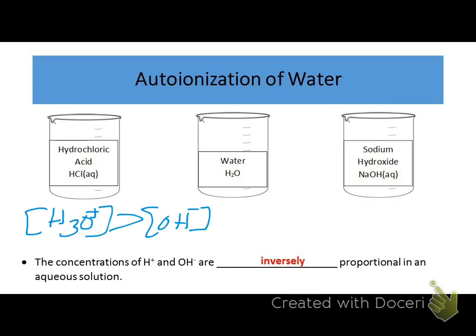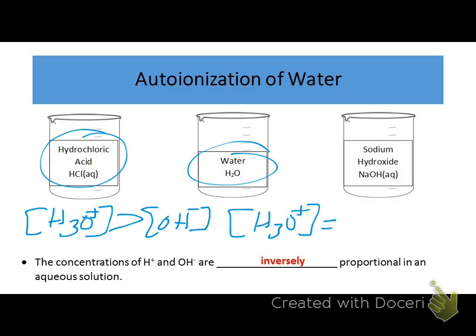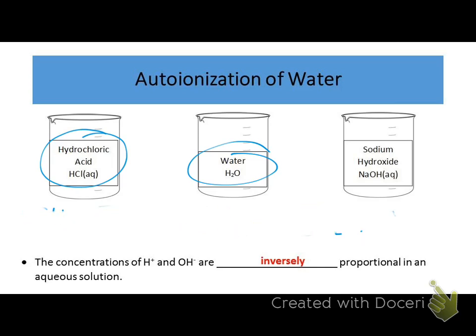When we think of this, the hydronium concentration, since it's a strong acid, should be much higher than the hydroxide ion concentration with water reacting with itself. All right. And in the plain water, the hydronium ion concentration should equal the hydroxide ion concentration. Let me make these smaller so I have more room.